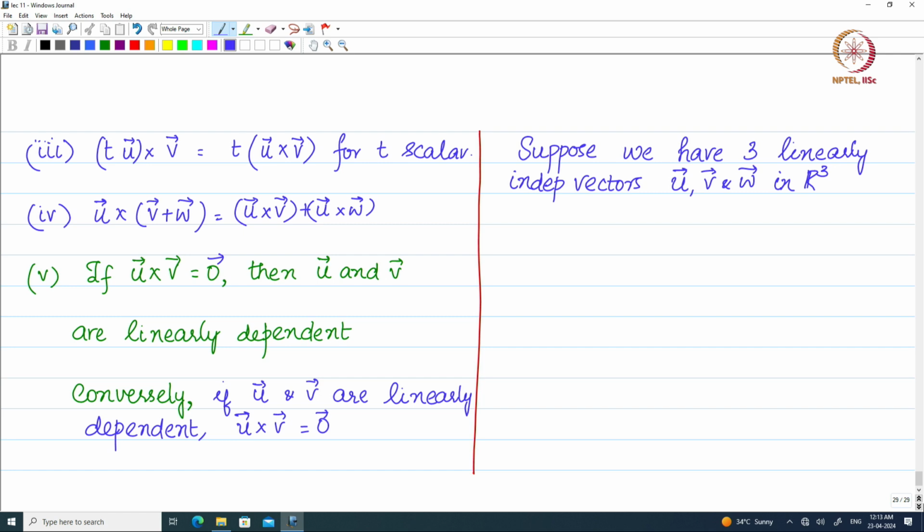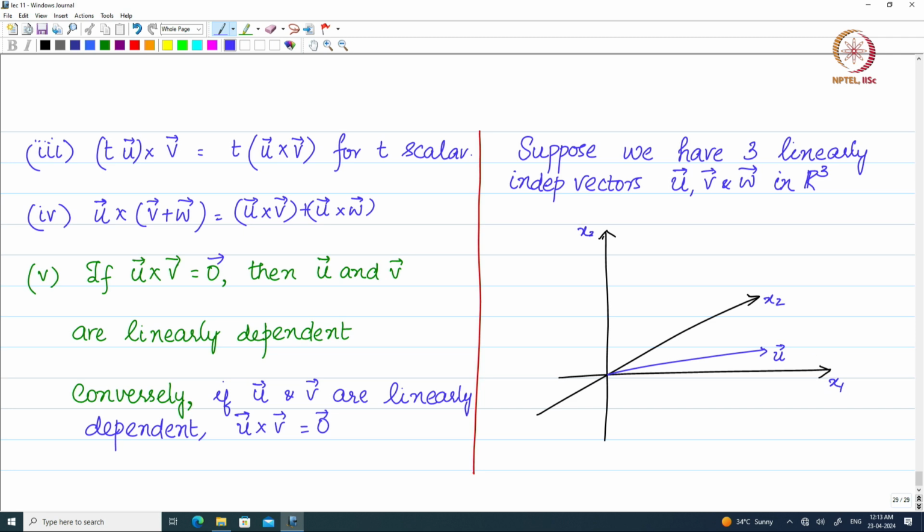So, what are we going to do? Let us take three linearly independent vectors u, v and w. Let me take this to be the vector u. These are the coordinate axes, x1 axis, x2 axis and x3 axis.